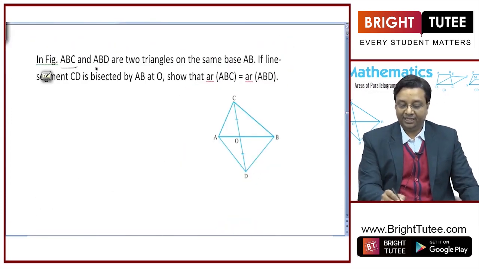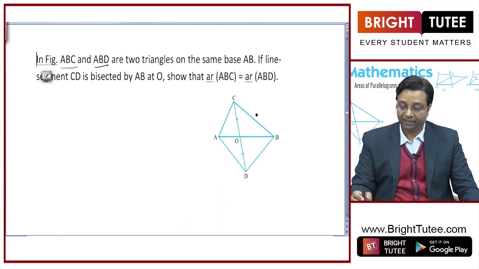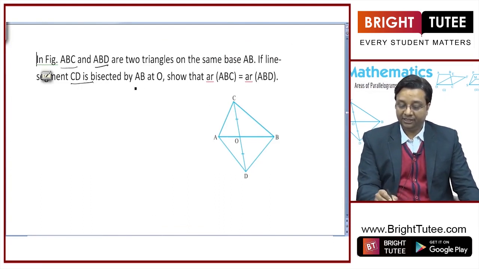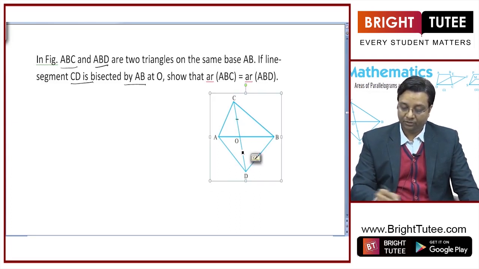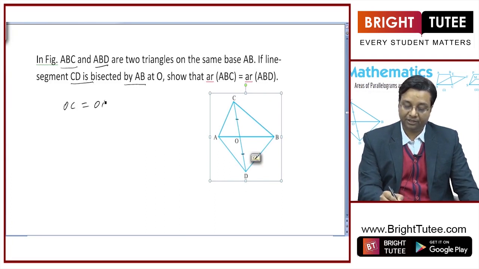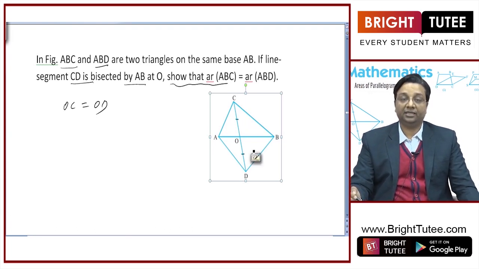Now ABC and ABD are two triangles on the same base AB. If line segment CD is bisected by AB at O, so this segment OC is equal to OD. This is given in the question, and we need to show that area of triangle ABC is equal to area of triangle ABD.